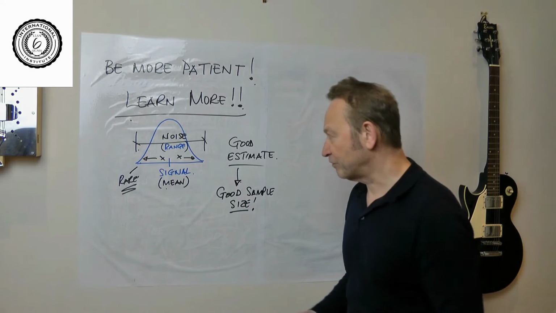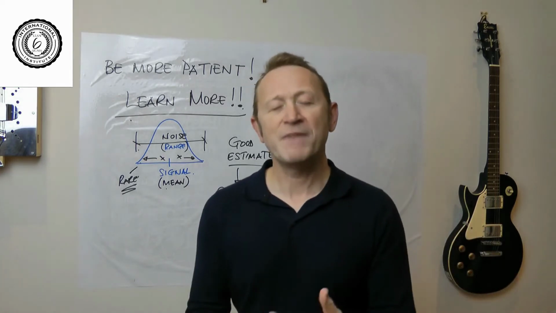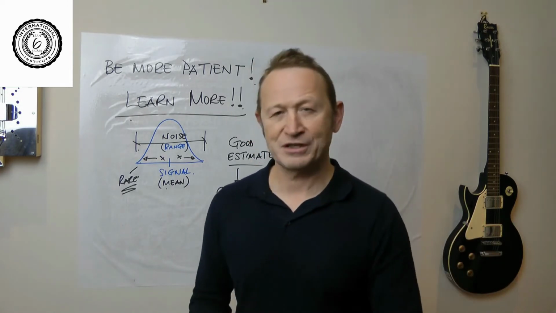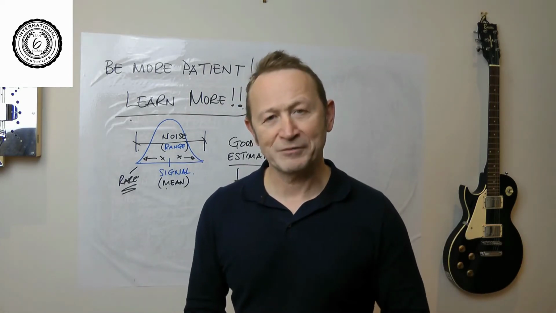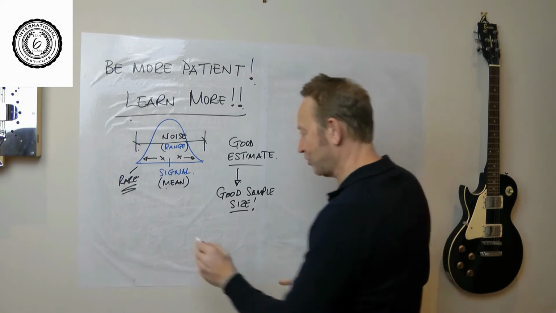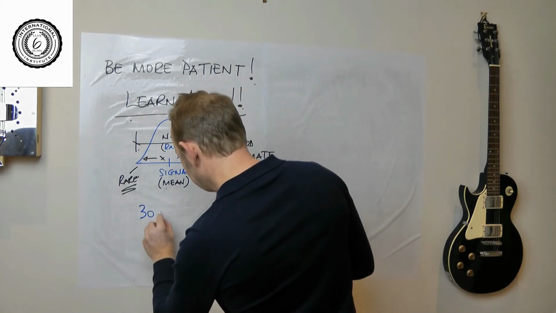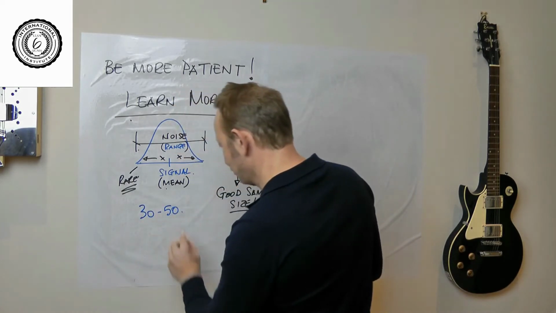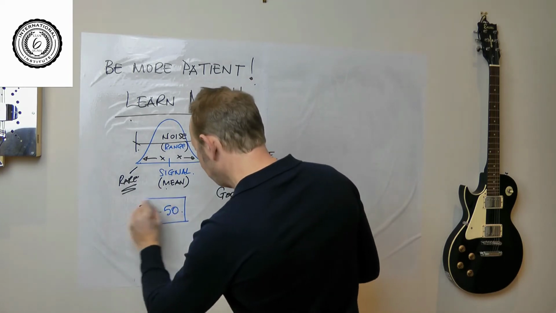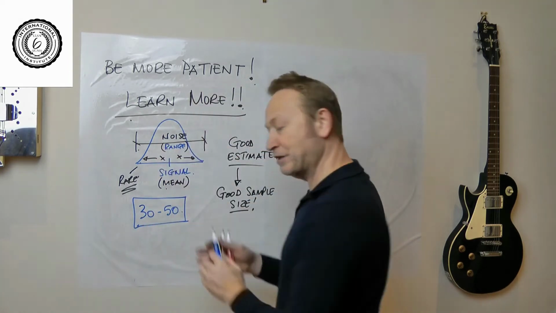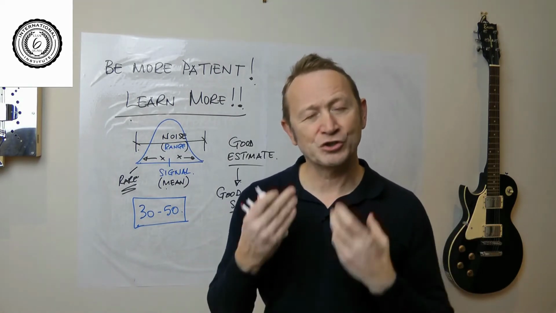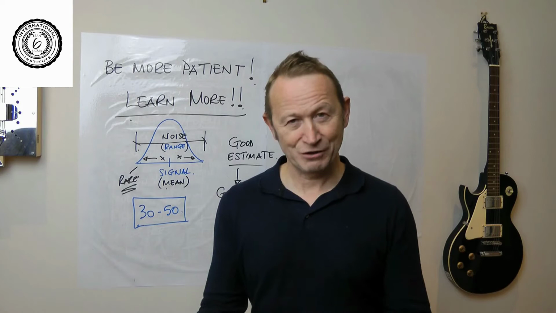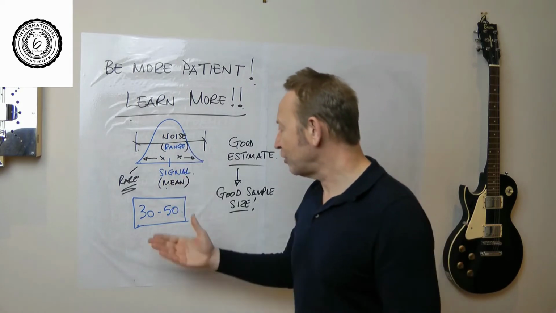And for this type of picture, it's measurable data, it's continuous data. What type of sample size would I recommend? Well, the sample size I would recommend is 30 to 50. If I've got 30 to 50, I can see that picture and I can judge what is going on. So that's kind of important.